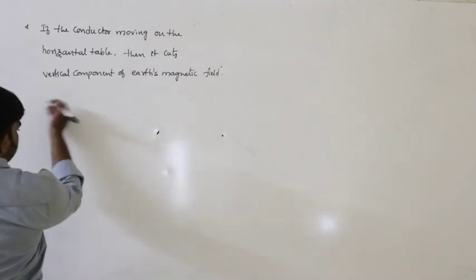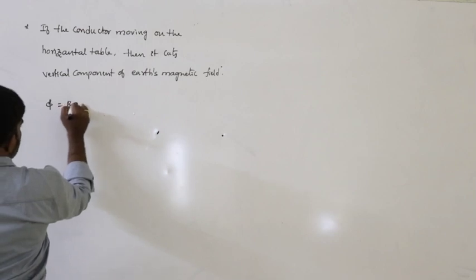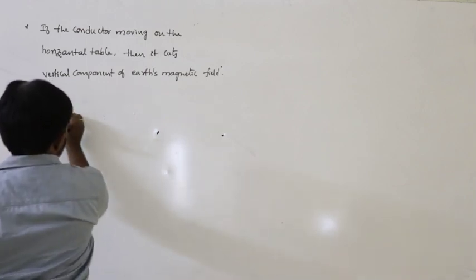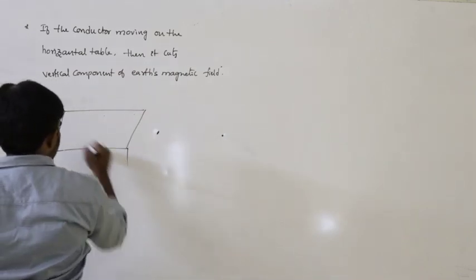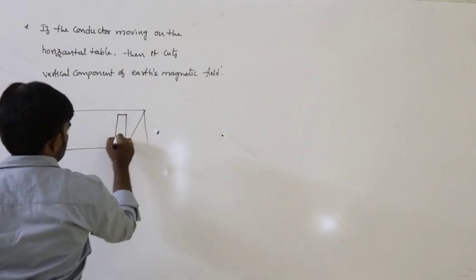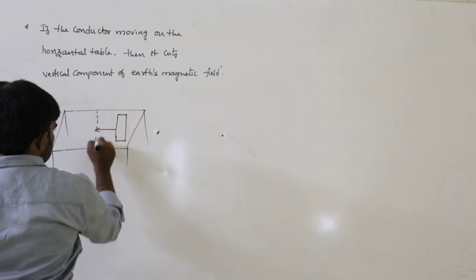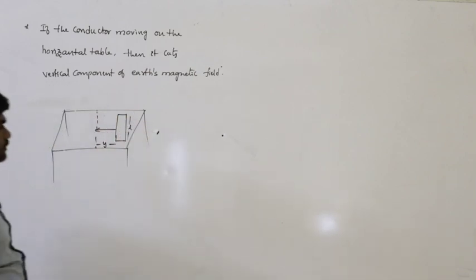Therefore flux is equal to BA. See here, this is the table, and this is the conductor moving in this direction. Let us say its length is L and the distance moved is y.